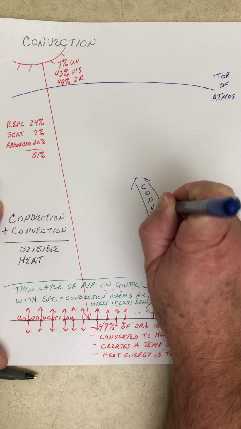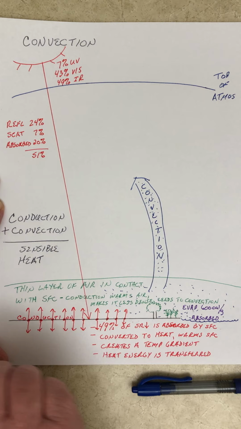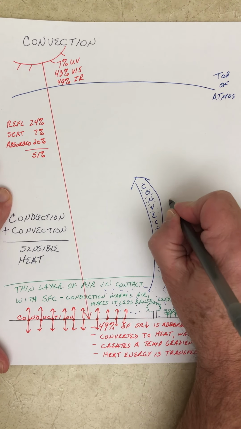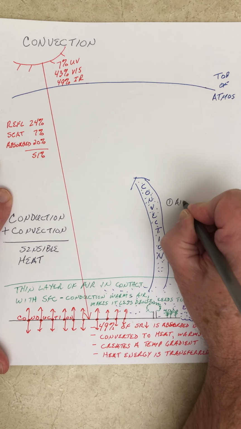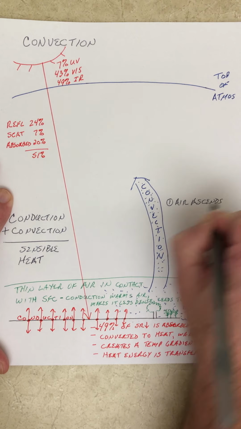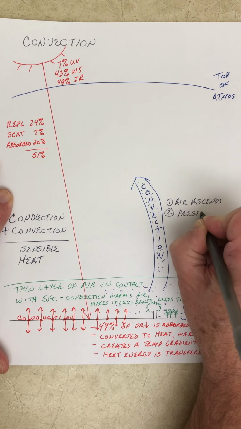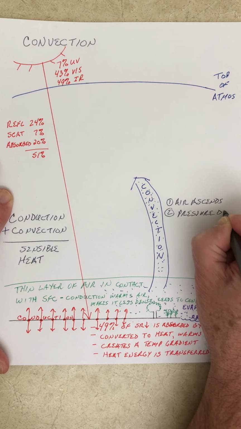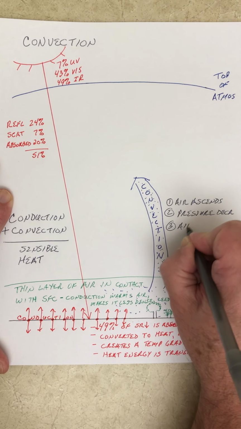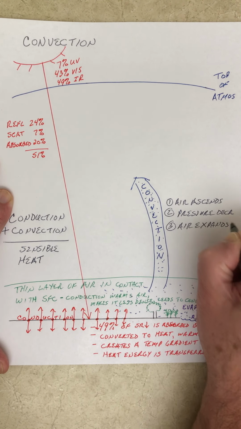Okay, now let's take into account what we've learned in chapter 6, that when this air rises through convection, we get the air ascending. When the air ascends, the pressure decreases. When the pressure decreases, the air expands. Okay.